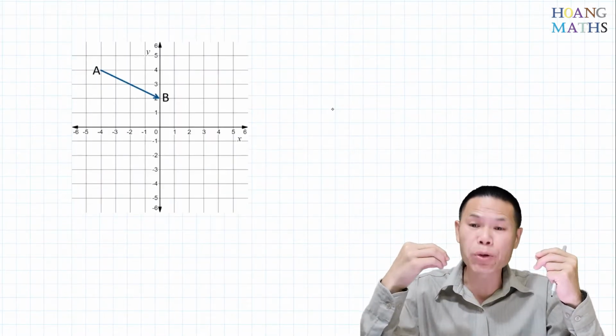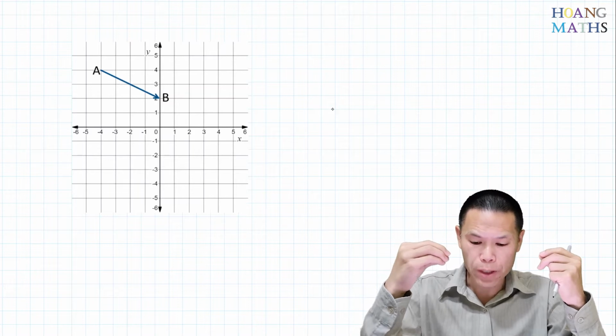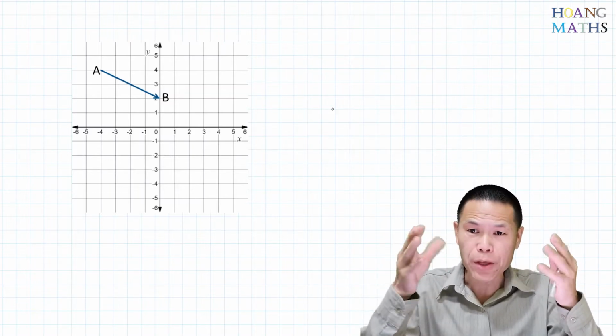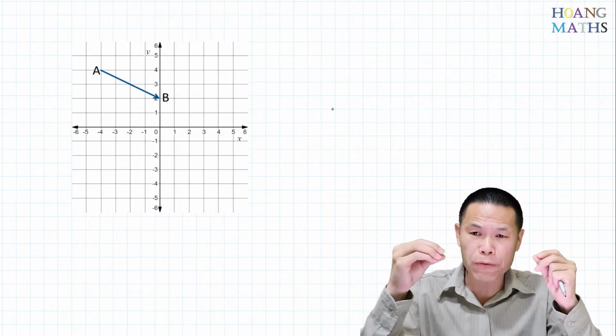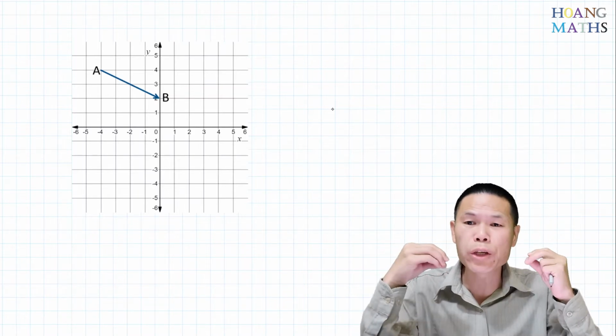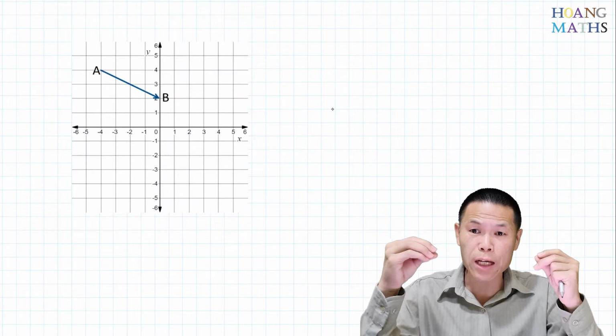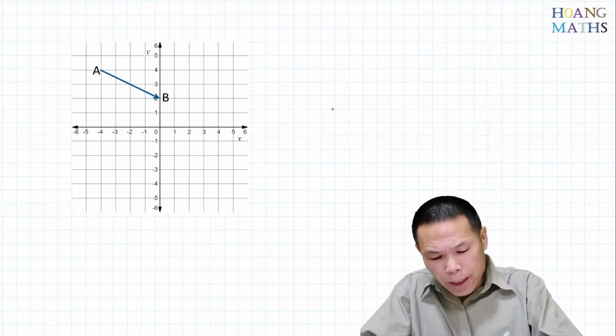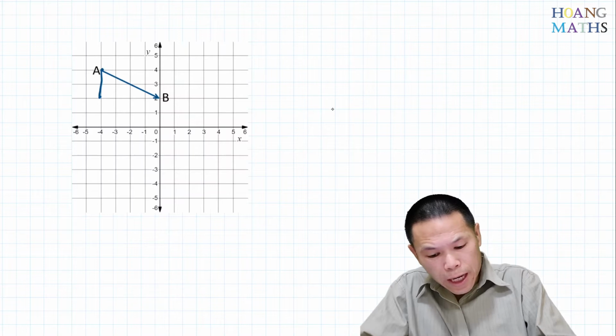Second example. Let's say we want to express AB in component form. AB at the moment is a displacement vector. So to express that in component form, we need to draw a position vector that is equal to AB. The head of this vector, starting from I, goes down 2 units and across 4 units.